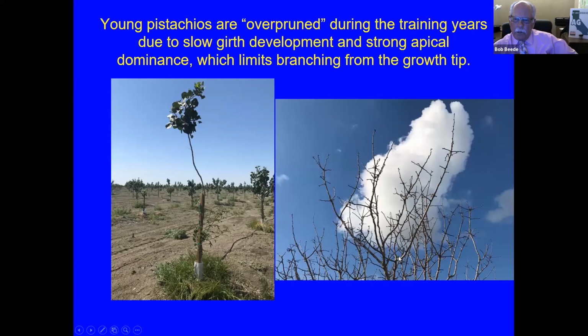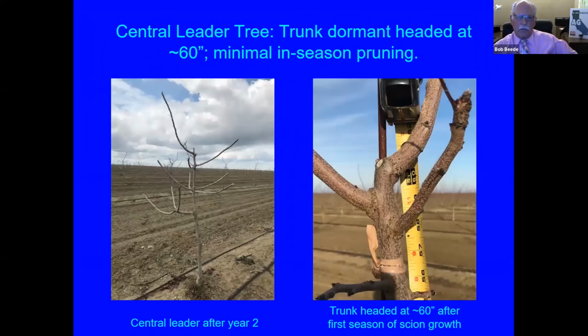Notice this shoot grew this long in one season, and then it forced some lateral spurs, those preformed shoots, but there's very little lateral shoot development as you would see on an almond tree. And it is for this reason that we typically over prune pistachios in order to force lateral branching at the desired locations, to have a compressed canopy for efficient fruit production.